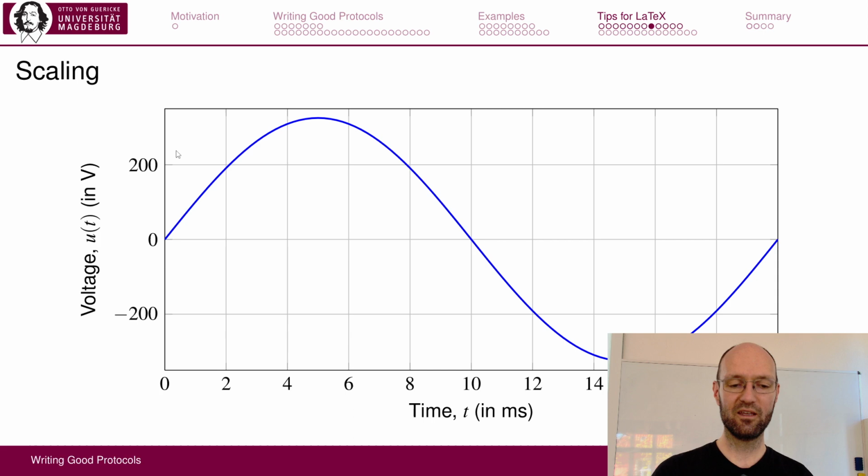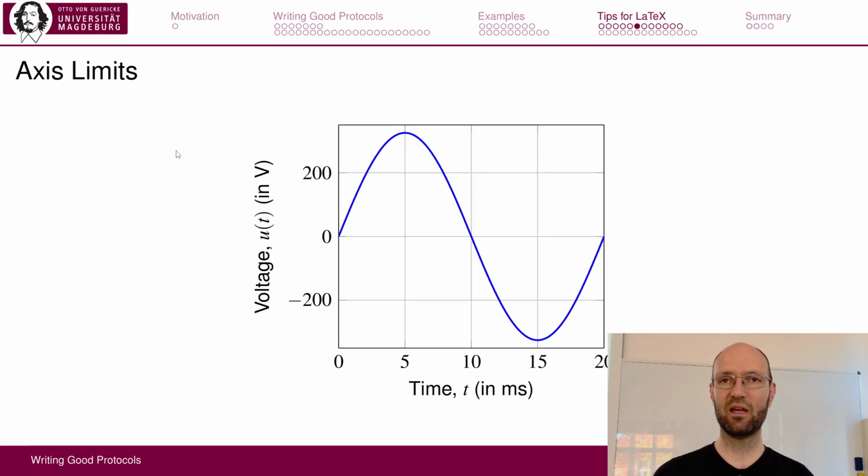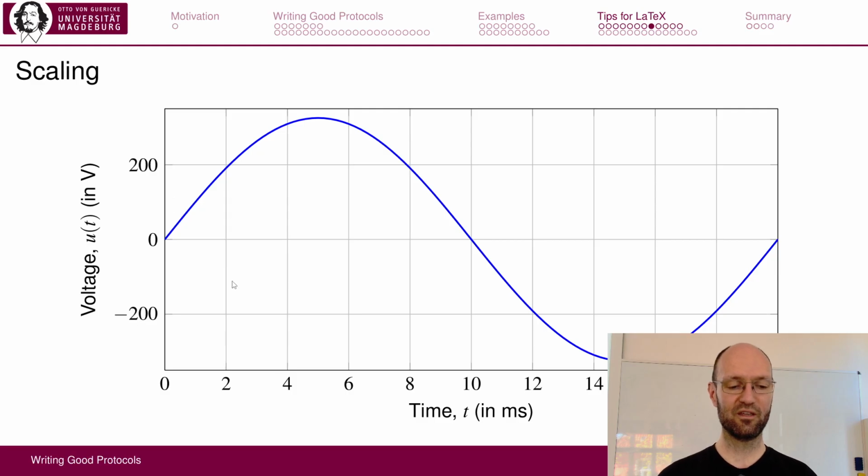And the interesting thing is that if you compare it with the narrow figure, now that we change the size of the figure, there's also automatically more space. So LaTeX automatically added more labels, more numbers, because now we have more space. This would not really work if you create the figure, let's say in MATLAB.